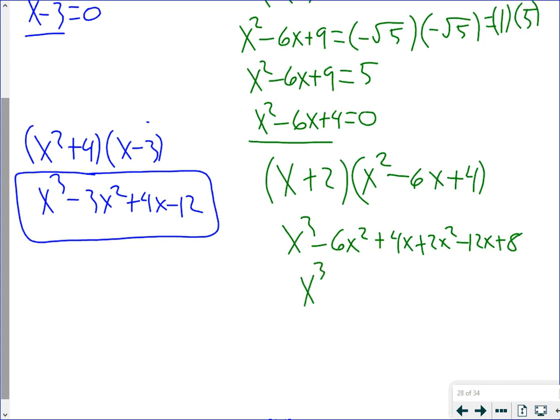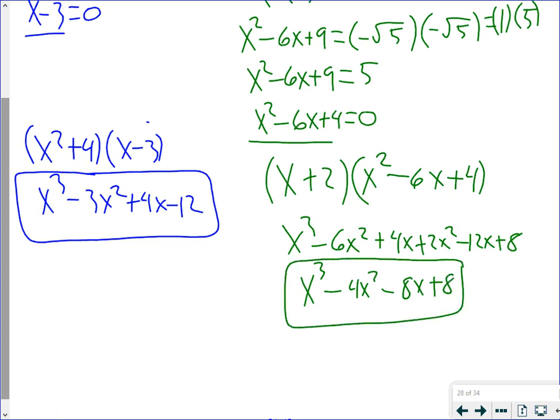Add like terms: x cubed minus 4x squared minus 8x plus 8. And that right there is the standard form of number 14.